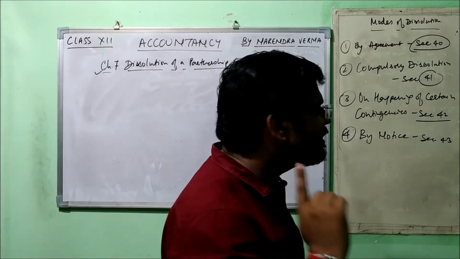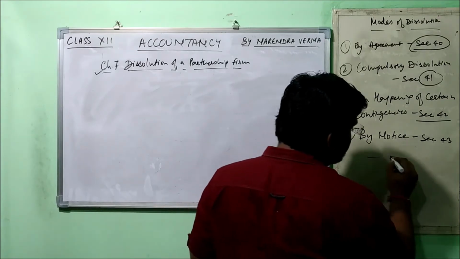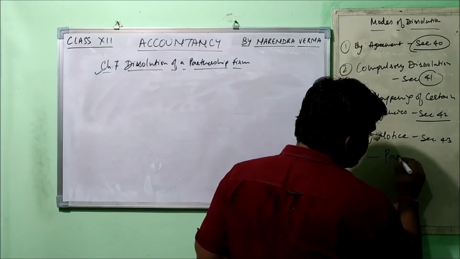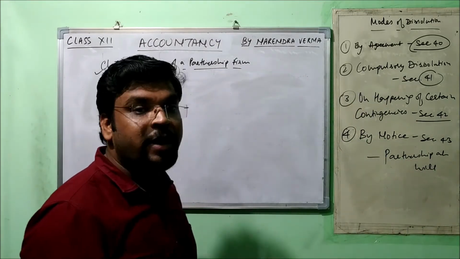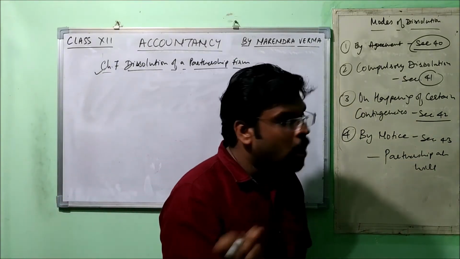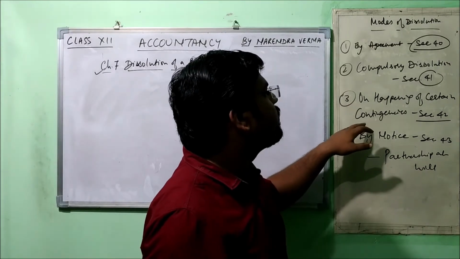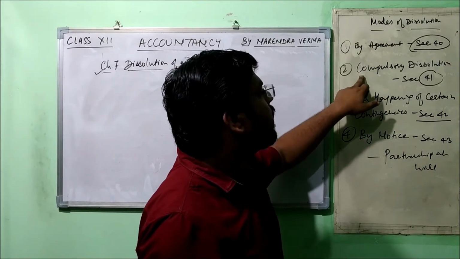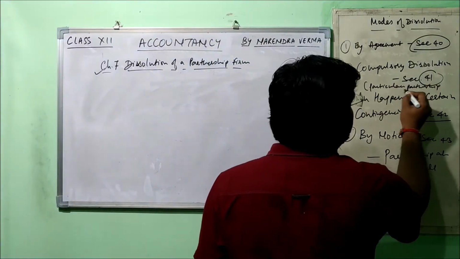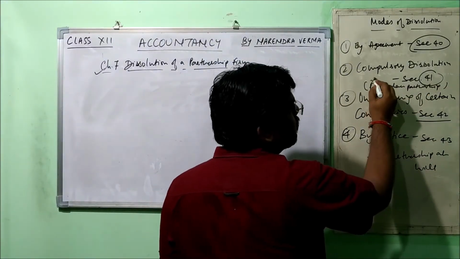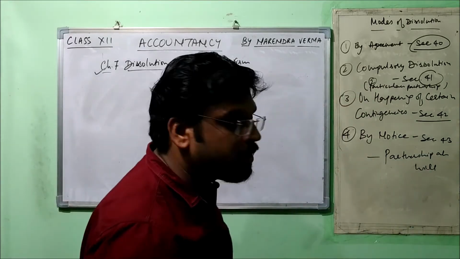And this case is possible only under partnership at will. Like I told you, there are 2 kinds of partnership. One, particular partnership, already we have discussed. Under particular partnership, this compulsory dissolution will be applied. I just write down here, but not all the points, only the initial 2 points were valid for that, right?